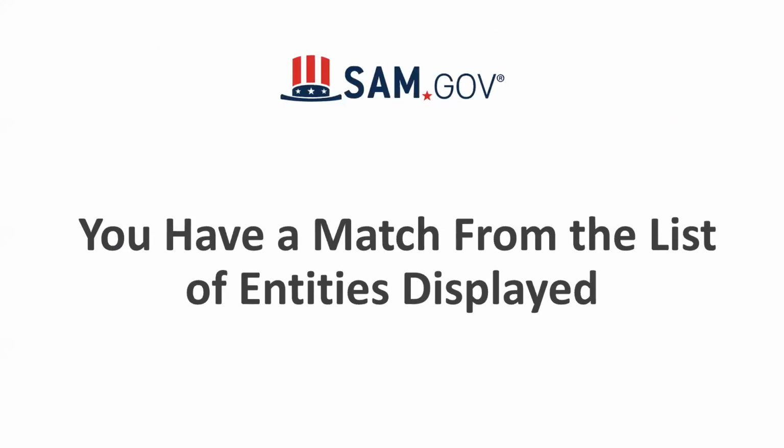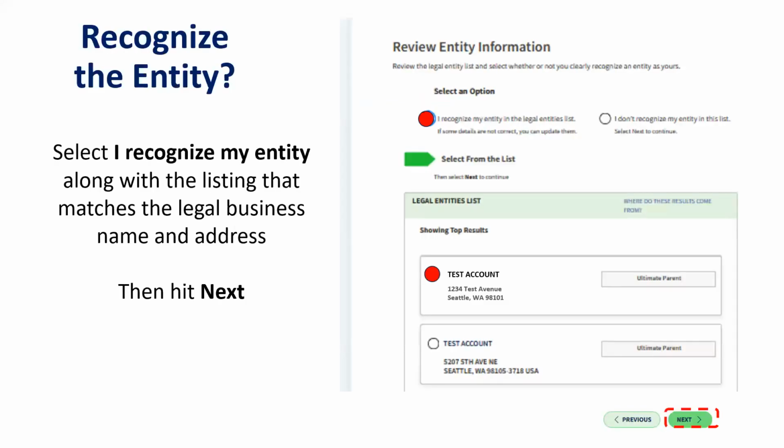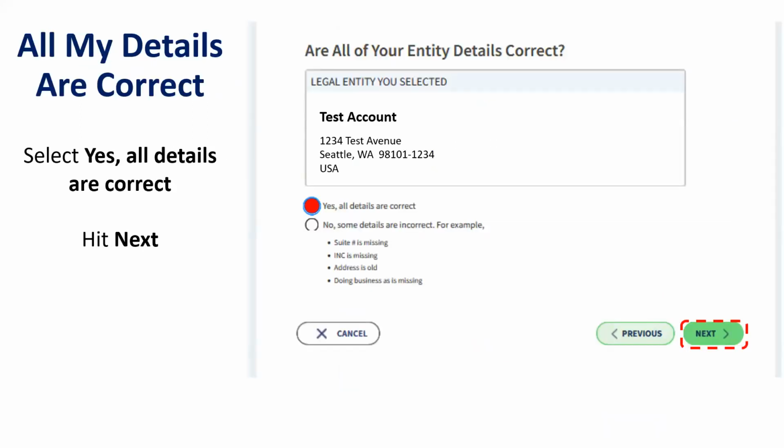We're now going to review if they find a match from the list of entities displayed. They should select I recognize my entity in the legal entities list and select the listing that best matches their company. Then hit Next. They'll have an opportunity to review if all of their information and details are correct. They can hit Yes, all details are correct.